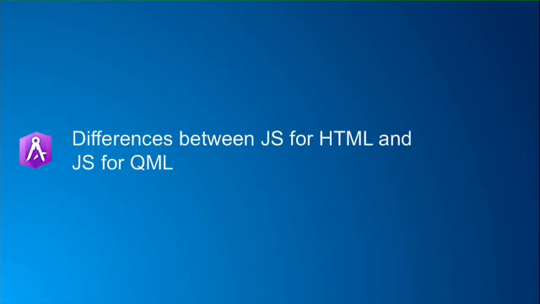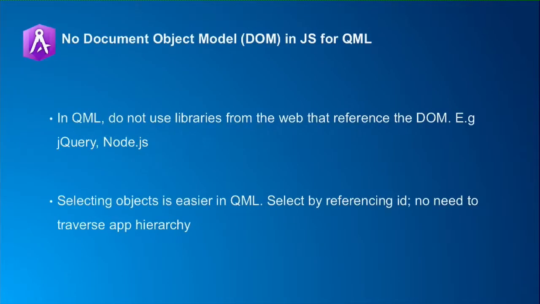So those are the similar things, but there are differences. So let's talk about that. First of all, there is no DOM in QML. So if you write on the web, document.getElementById, for example, right? But there's no DOM in QML, so you cannot use jQuery, Dojo, for example.